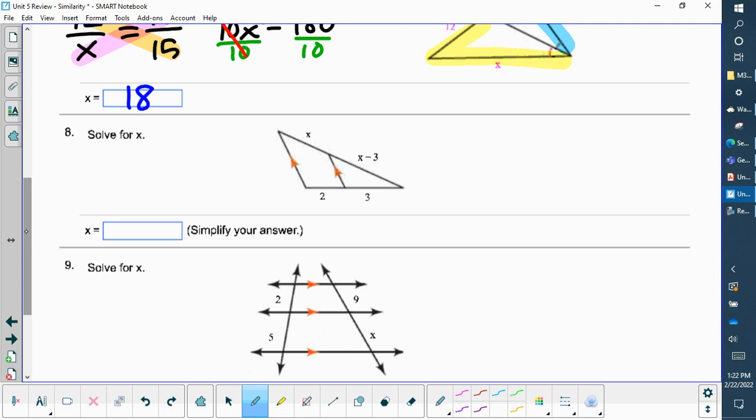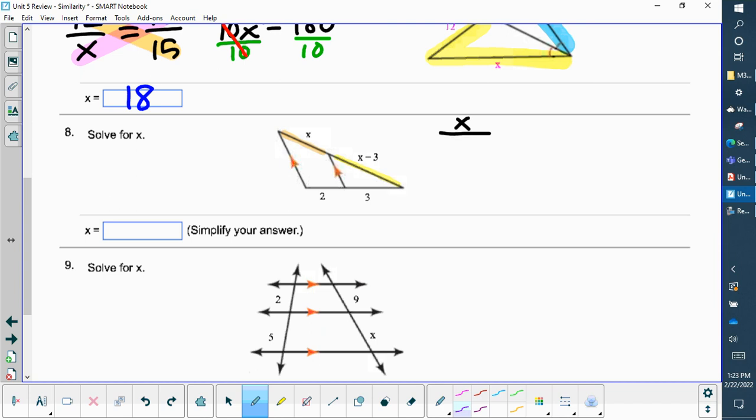Okay, question 8, same concept. If these lines are parallel, okay, I know the triangles have to be similar. So we got little baby triangle here. We have papa triangle. And I can also break up the parts of the big triangle. So for example, I can make these highlighted in orange and yellow into a fraction.